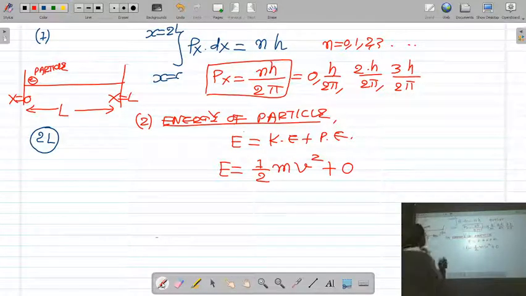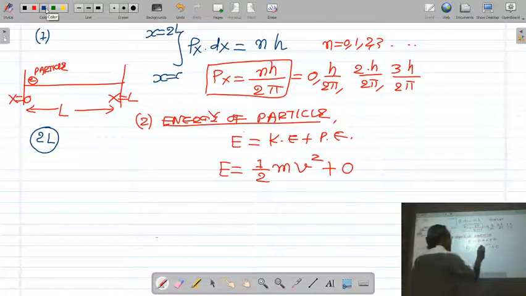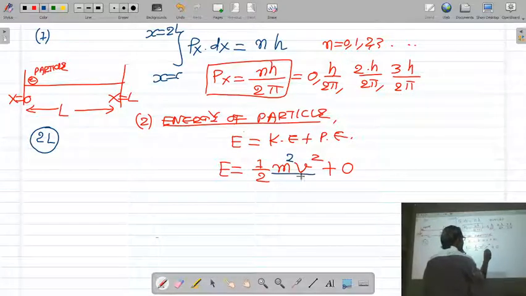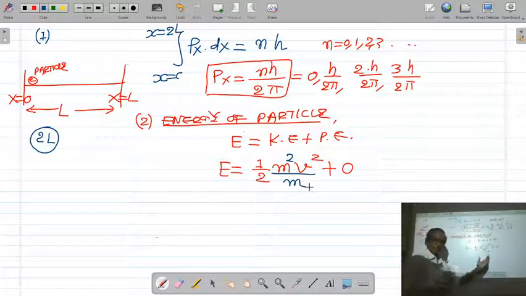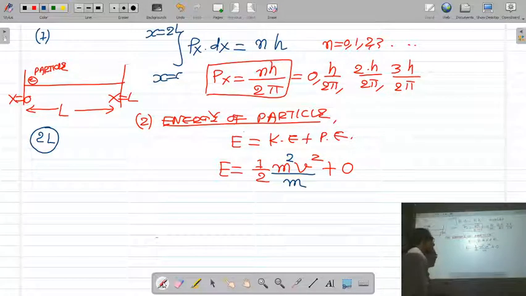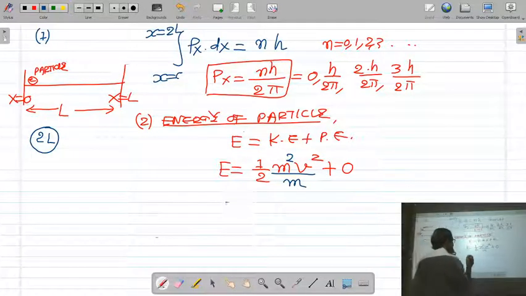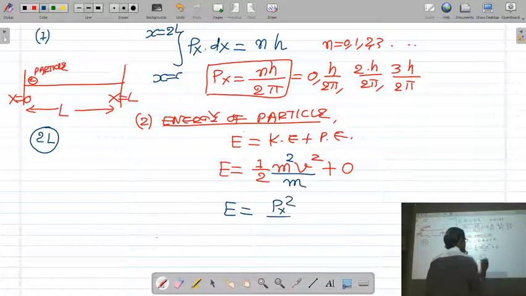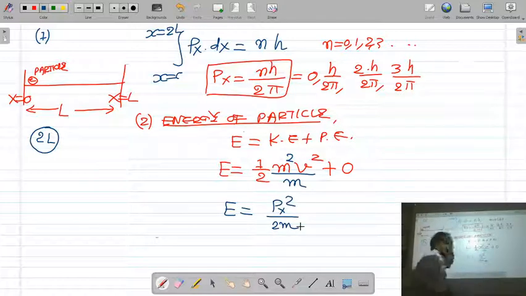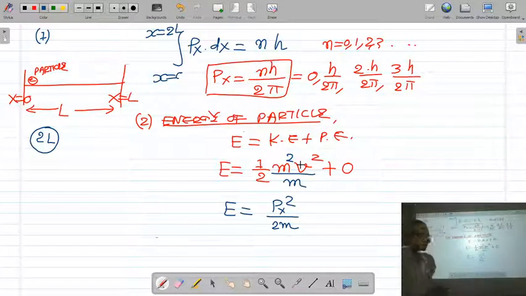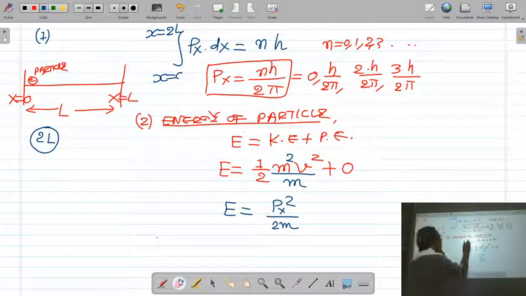Kinetic energy is half mv square. If you multiply and divide by m, you will get m square v square upon 2m. Here mv is the momentum of the particle, so the total energy of the particle is px square upon 2m.